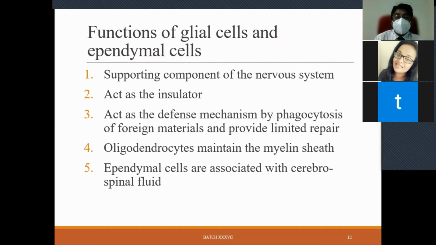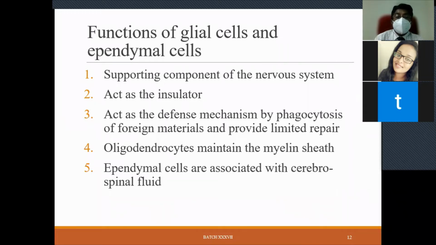Because they protect the inner structures and act as a defense mechanism by phagocytosis of foreign material and provide limited repair. So microglia help to engulf and destroy those microorganisms, right? So that is called phagocytosis action.